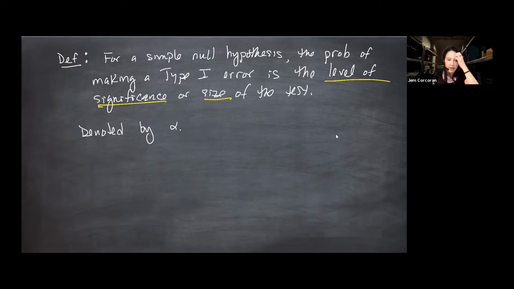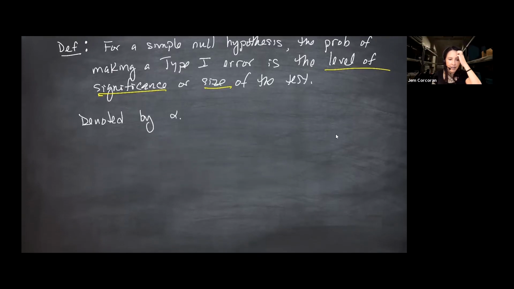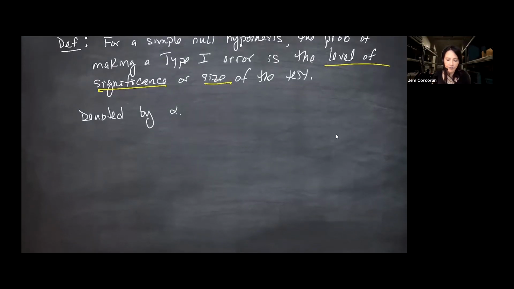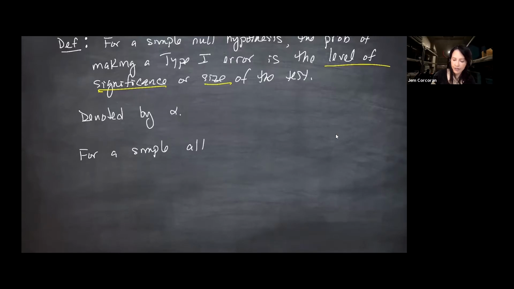And I guess before I go on, I might as well do this. So for a simple alternate hypothesis, these definitions get a little different when the hypotheses are composite. And again, the definitions will mesh.